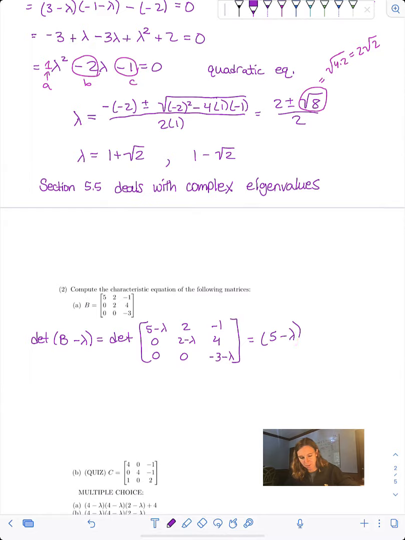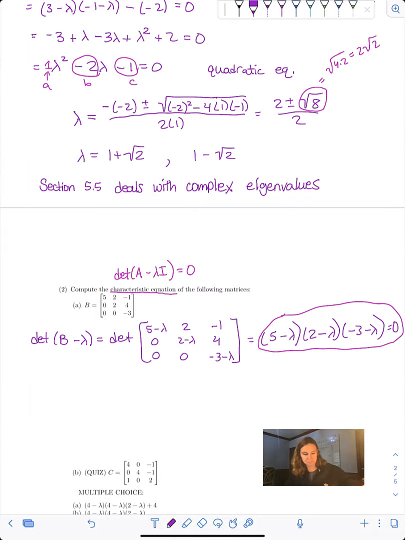So we wind up with 5 minus lambda, 2 minus lambda, and negative 3 minus lambda. And that has to equal 0 for it to be an equation. This is how you can remember you always have to set it equal to 0. It's because an equation has to have an equal sign somewhere.